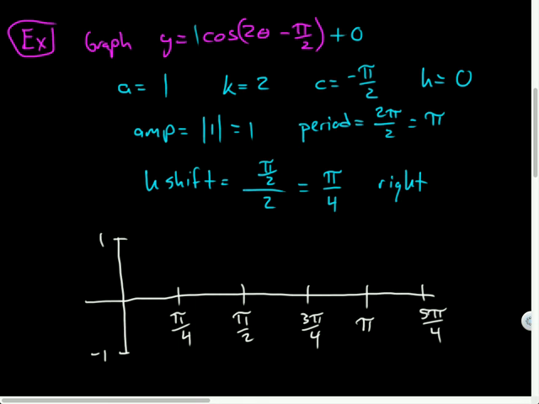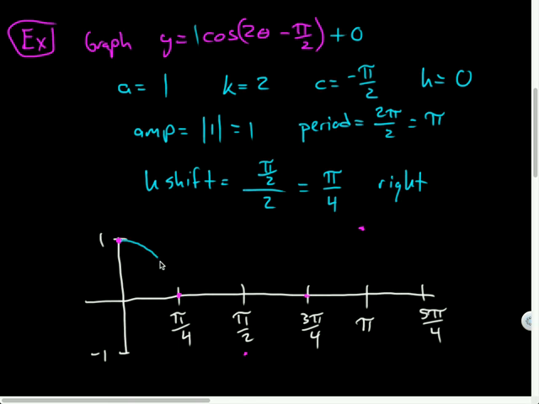So let's see, cosine. The regular cosine function starts at what? At 1. Now this has been shifted over that many units. I could actually graph the regular one first based on the amplitude and period. This is what the regular cosine function would have looked like. Maybe I'll even draw that in blue.